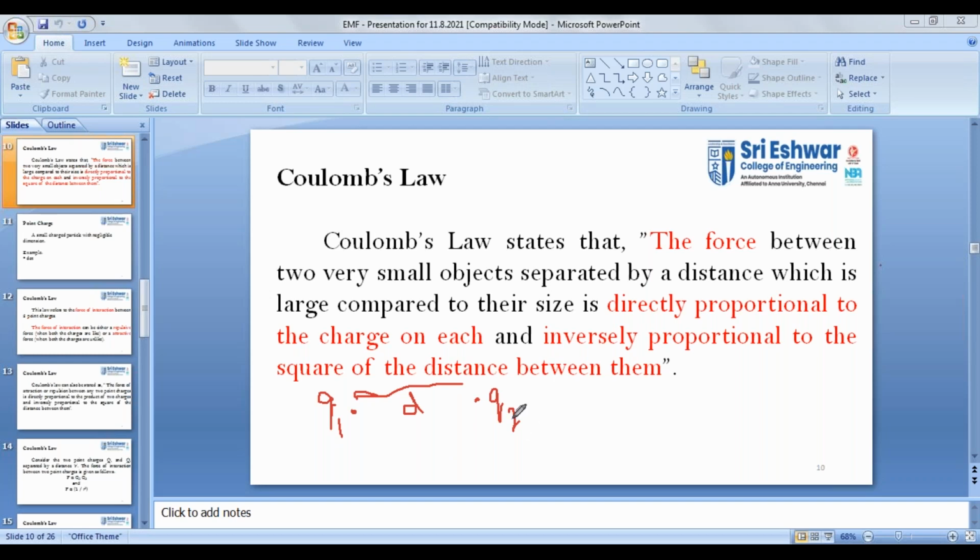For a dot you have negligible radius or diameter, but this distance is very large.